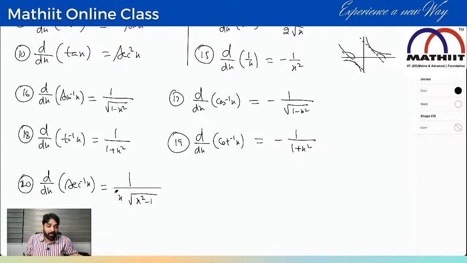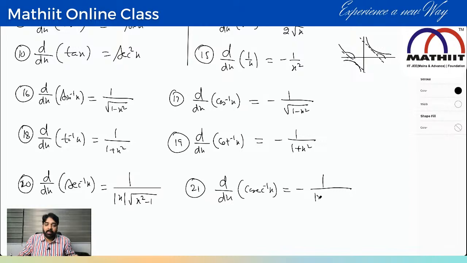No, it will only increase. That's why I am keeping the mod. Don't forget this mod. I have seen some books write randomly x into root of x square. No, that is a blunder. Mod must come. d by dx of cosecant inverse x is always equal to minus of 1 by mod x into root of x square minus 1. So these are all the formulas together.